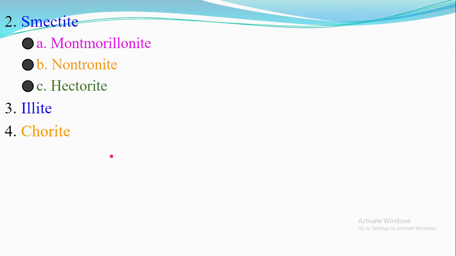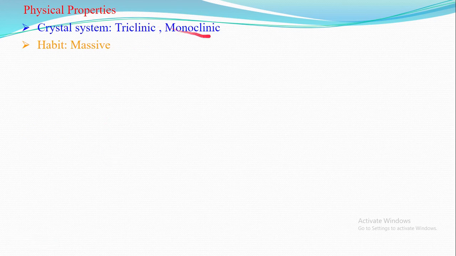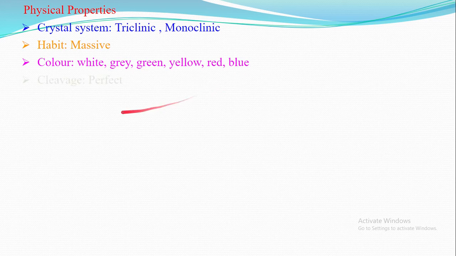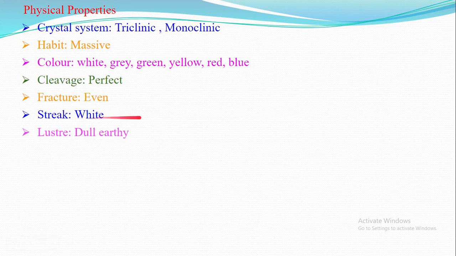When you discuss the properties of clay from a civil engineering perspective, you have to understand the properties of the clay minerals. They are triclinic and monoclinic, massive, of different colors, cleavage is there, flakes are there, streak white, luster dull and earthy.